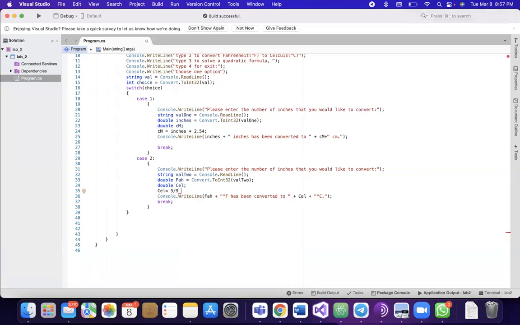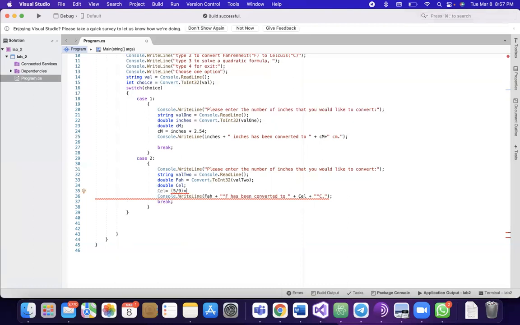Sorry. It's okay. You can put the 5 in a bracket so that the rule is followed. Okay, so 5 divided by 9. And then what else did you say? 5 divided by 9 into multiply. Oh, wait, okay. So multiply.